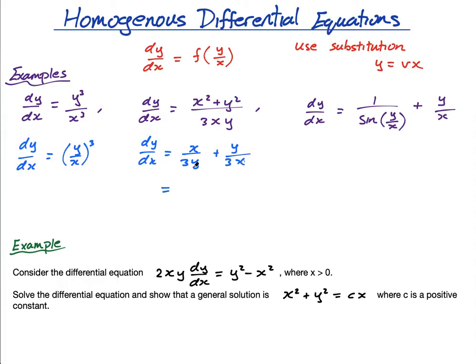And this can be written as 1 over 3 times y over x. Now, if you're not sure about how I did that, just figure it out yourself, but that is correct, because x over y is the same as 1 over y over x, plus a third y over x, if you like. That's obviously the same as this. So now it is in the form f of y over x. I know it is homogeneous.